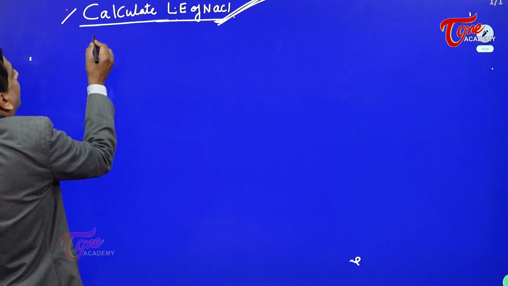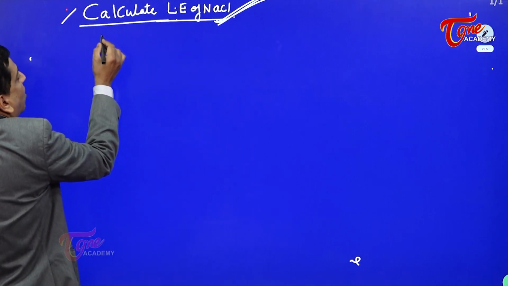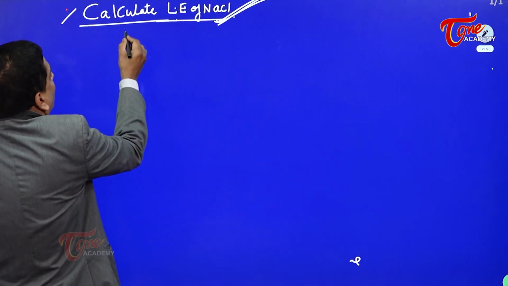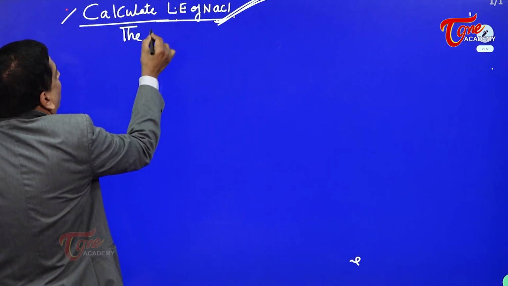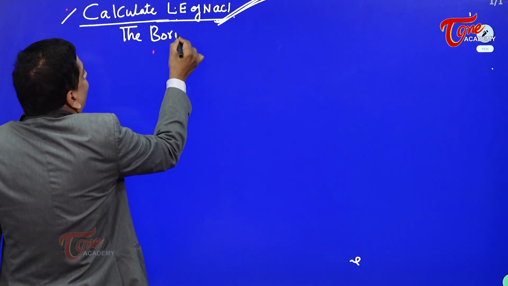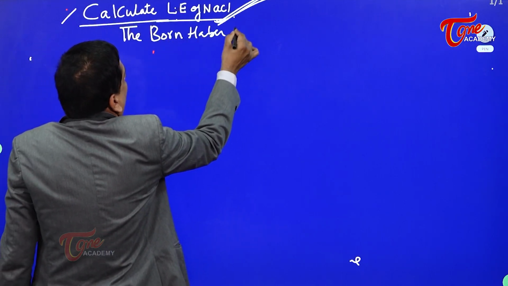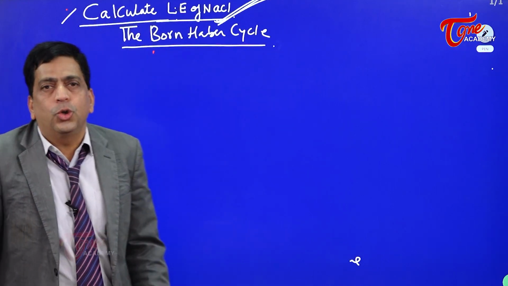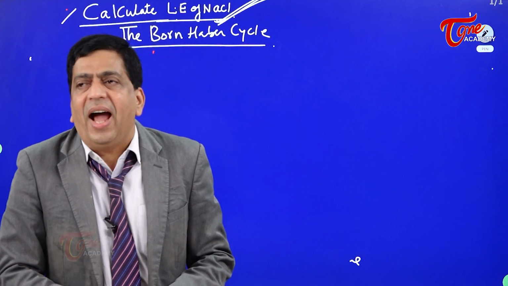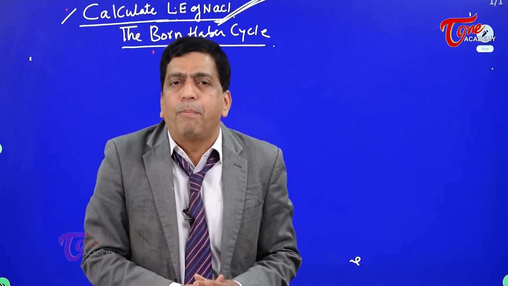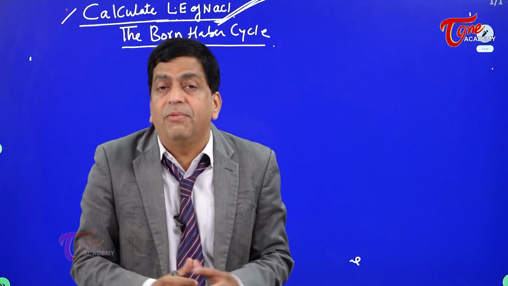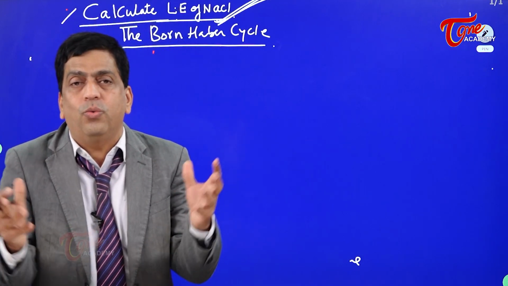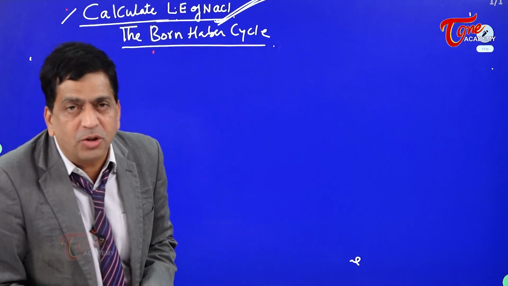This we will actually exhibit in the form of a cycle, right? So what I'm trying to do is the Born-Haber cycle. This entire single step and the several steps are put in the form of a cycle, which I call a Born-Haber cycle. Everything in one go in a pictorial representation.